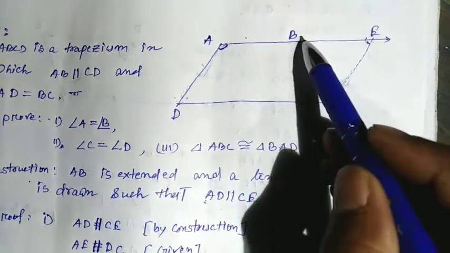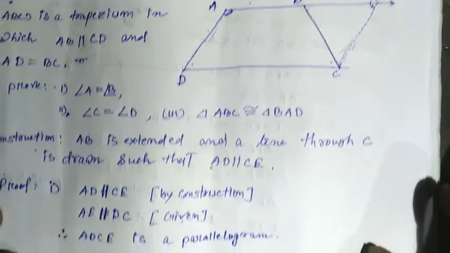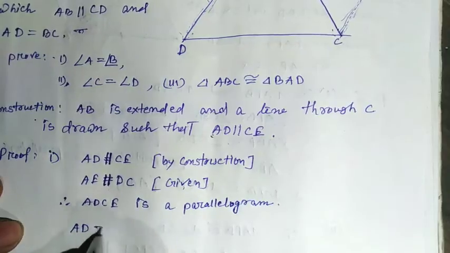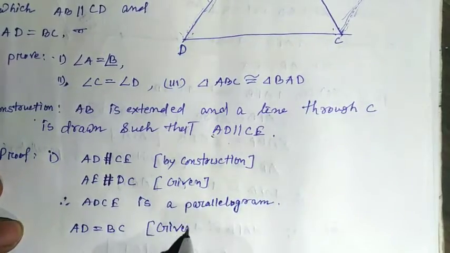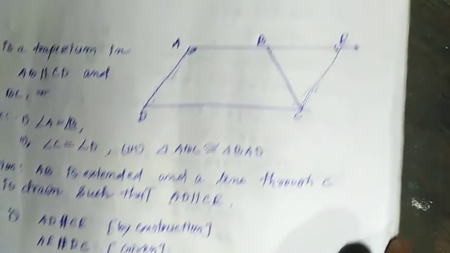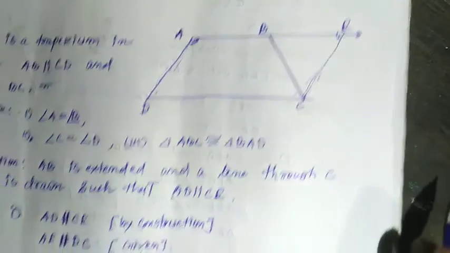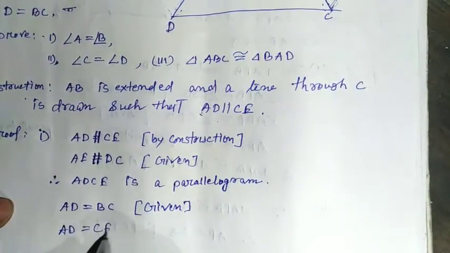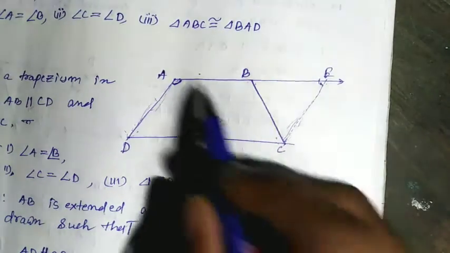side AD is given, AD is equal to BC. We are given it. Again, AD is equal to CE also, because these are the opposite sides of the parallelogram.